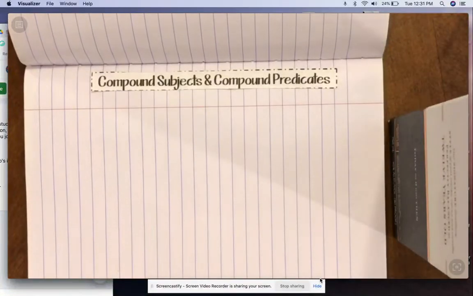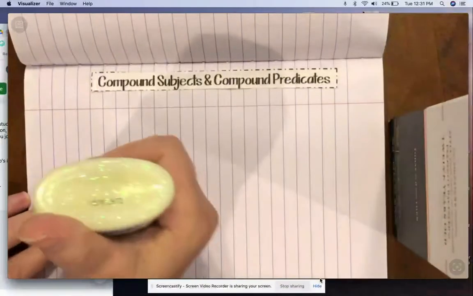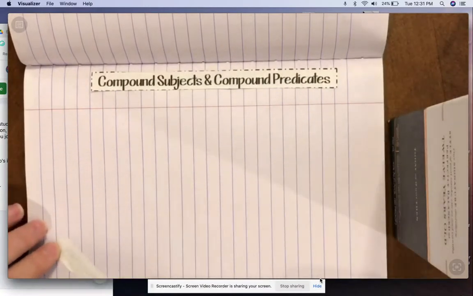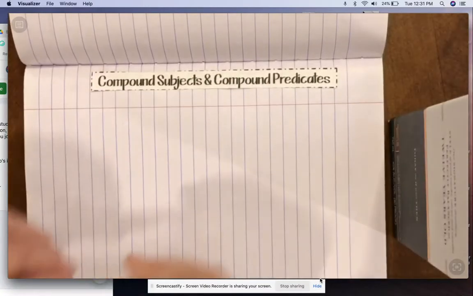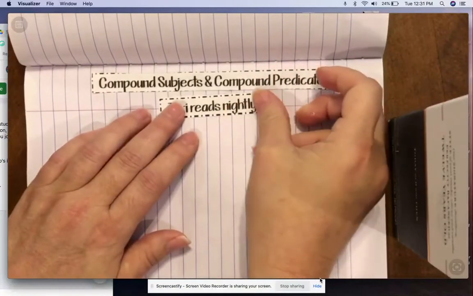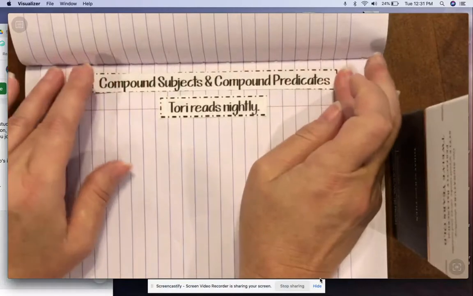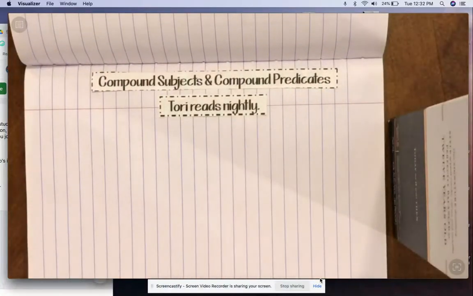Underneath that, we're going to be gluing down the example sentence we're going to be working with: Tori reads nightly. If you need more time, all you have to do is pause your video.